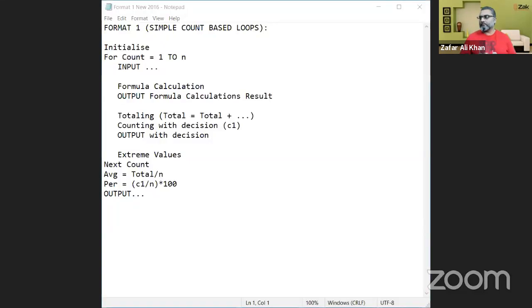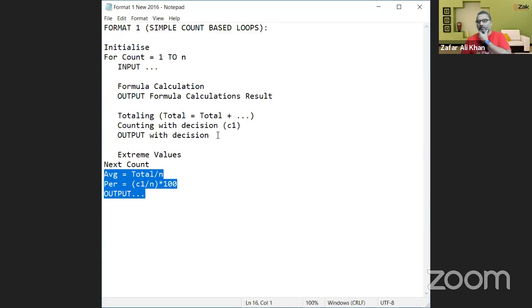Format 1. देखिए, फॉर्मेट 1 में हमने टोटलिंग और टोटलिंग की जो रिलेशनशिप है एवरेज से वो, काउंटिंग विद डिसीजन और जो उसकी रिलेशनशिप है परसेंटेज से वो हमने कर लिया। आउटपुट विद डिसीजन has nothing to do with anything outside the loop.